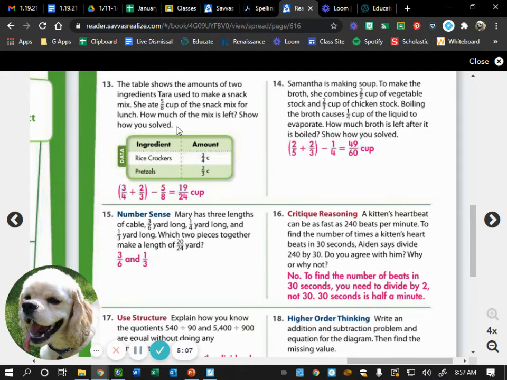So you would go ahead and convert all three of your fractions to 24 as the denominator. And so you would first add, as I did here, 3/4 plus 2/3 with their new denominator of 24. Then you would subtract 5/8 with the new denominator of 24. And you would end up with 19/24 of a cup. How many of you got 19 over 24 for 13?